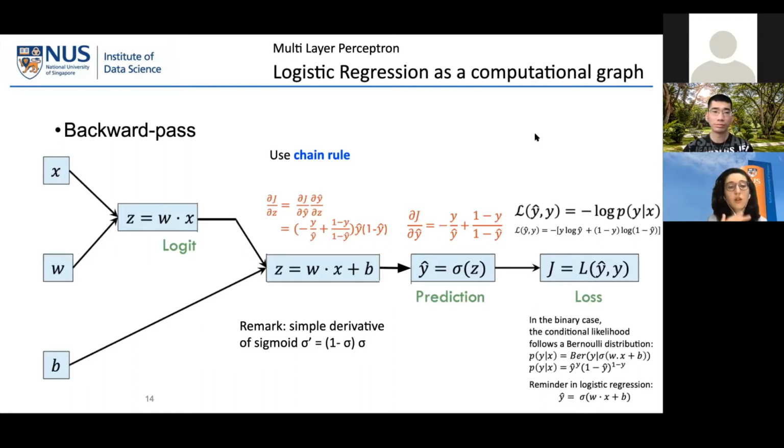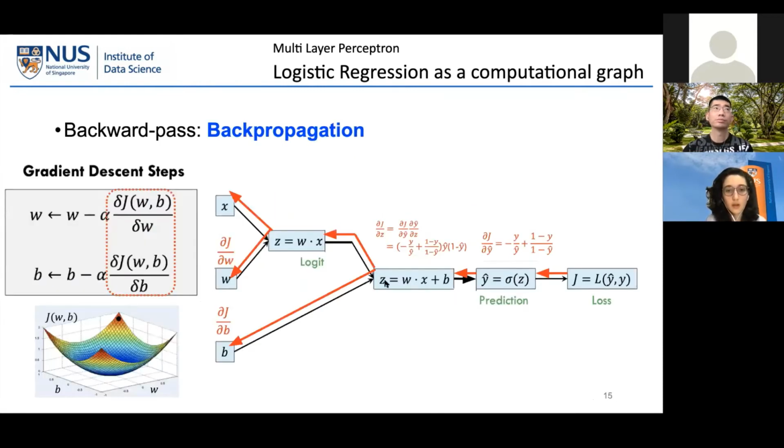Okay, it's just another way to view what we saw yesterday. So we continue, and if you continue one more step, you will have the derivative of the cost function depending on the two parameters W and B you're interested in.